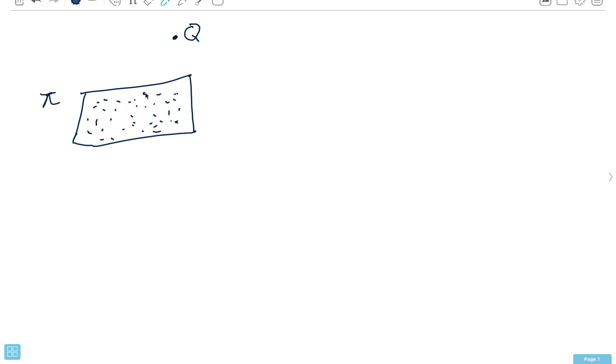So I could choose this point there, or I could choose some point over there. But I want the shortest distance from Q to pi. Now, if you remember, vectors can be split into their x and y components. So let me just go back a minute.